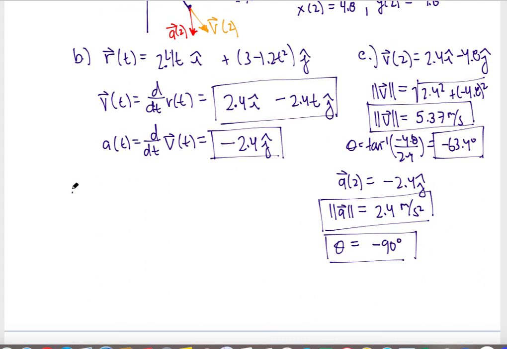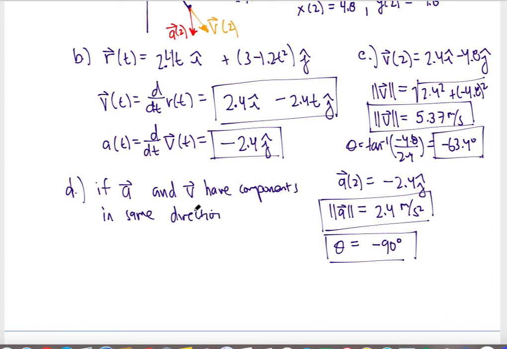Well, if acceleration and velocity have any components in the same direction, then speed should be increasing.